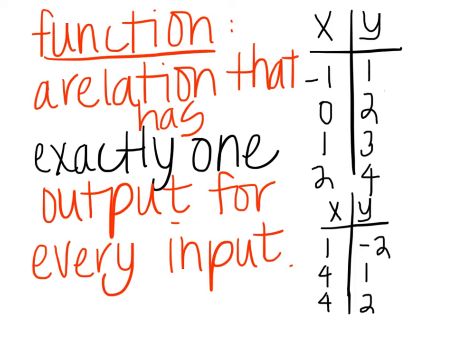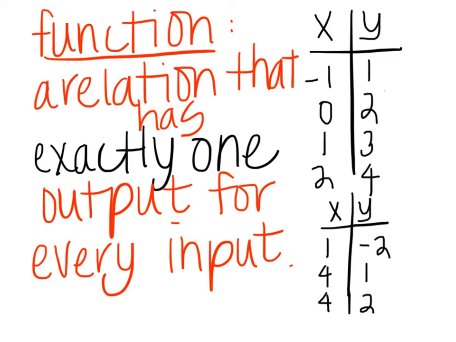The definition of a function is a relation that has exactly one output for every input. And here are some examples of T-charts showing values of x and y, the outputs and inputs.